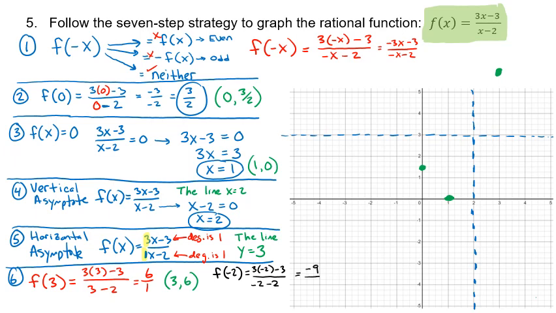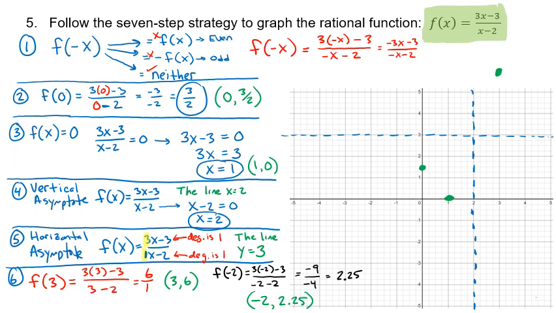So on top we get negative 9. On the bottom we get negative 4. And that looks like about 2.25. Okay, so there's another point. When x is negative 2, the y value is 2.25 or 2 1/4, however you want to describe it using decimals or fractions.